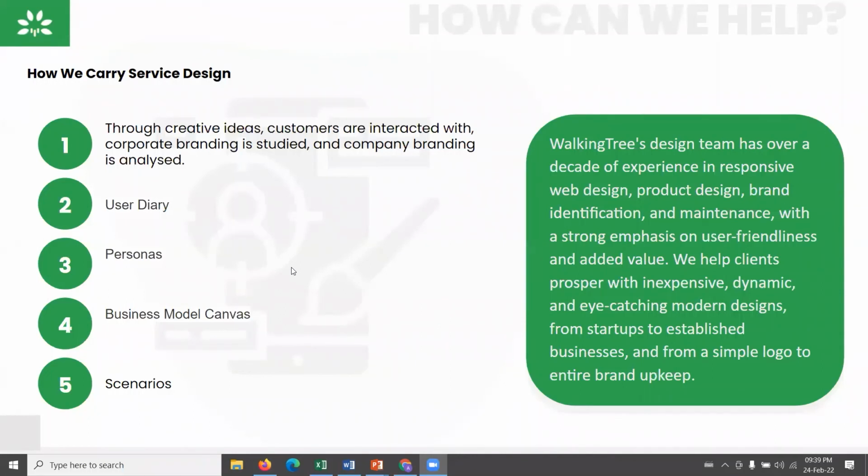How can service design exactly help a business? Service design, by connecting all the touch points, all the backend processes, all the people, will ensure that there are minimum errors. The product or the service is delivered with maximum efficiency, thus reducing your cost.